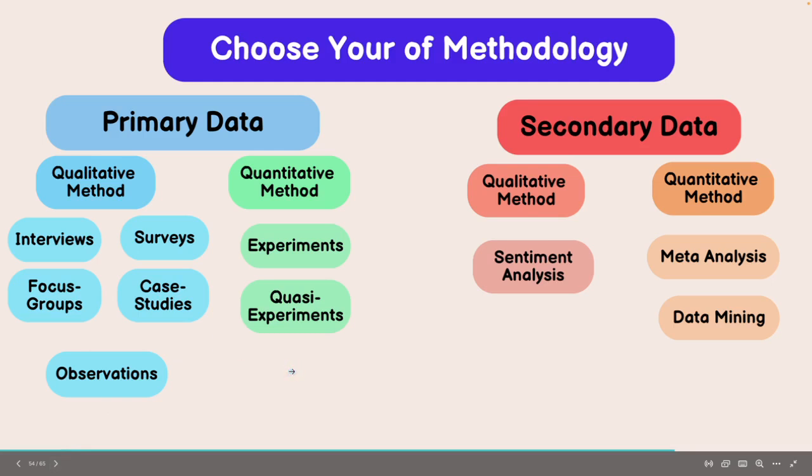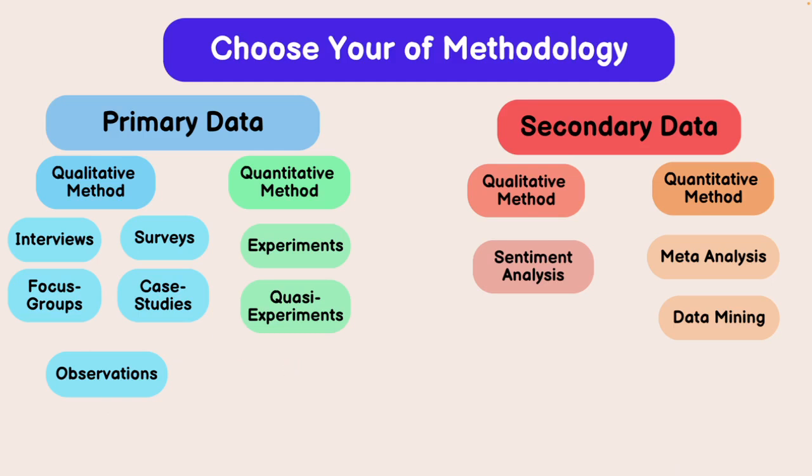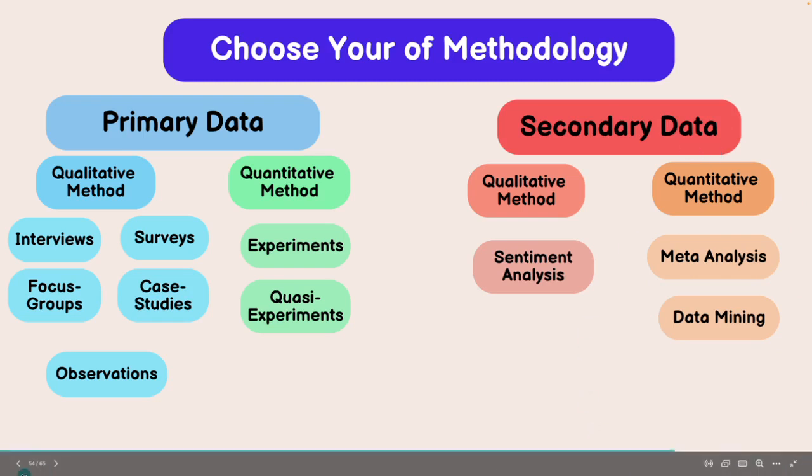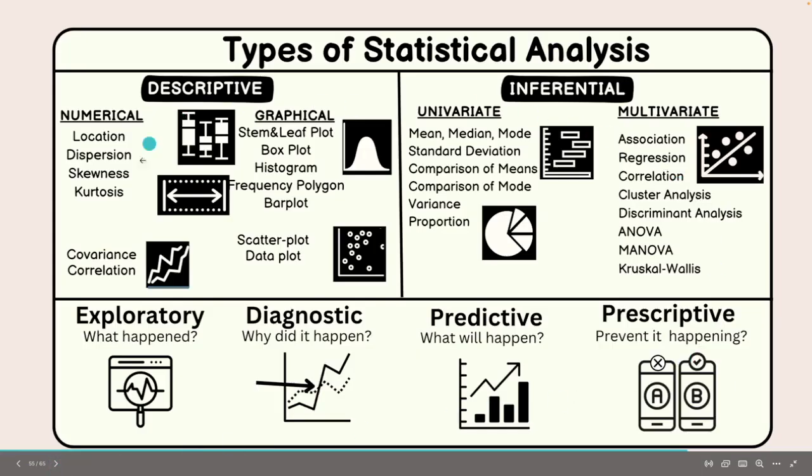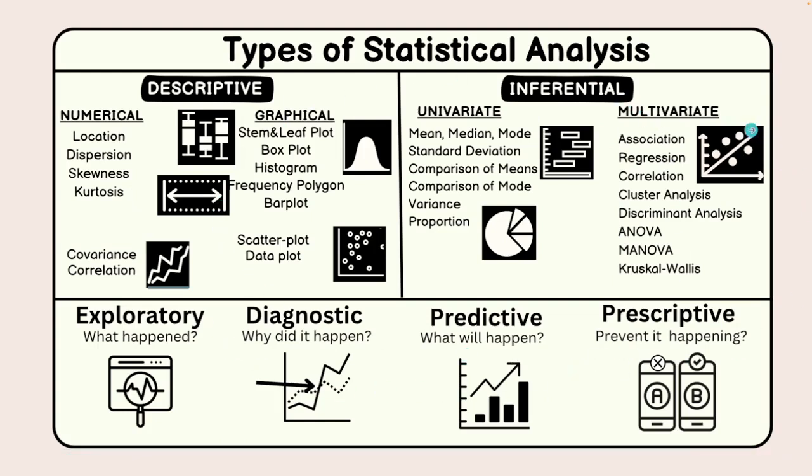So you can determine what is the methodology and how you're going to collect the data. And then you can decide, is it going to be qualitative or quantitative in the primary data? Or are you going to use secondary data? And again, even among the secondary data, there is qualitative with respect to sentiment analysis. And then there's quantitative. You can do a meta analysis or data mining type of analysis. And that's going to then determine what type of test you're going to do here.